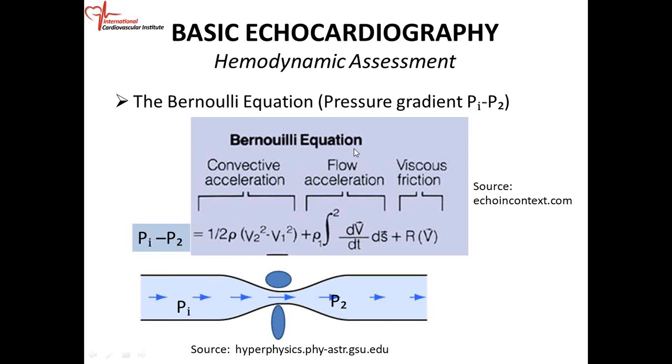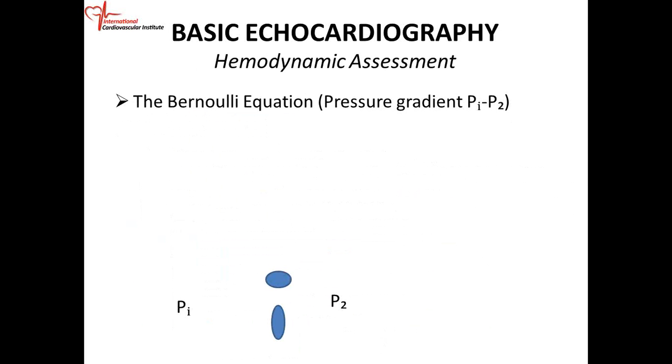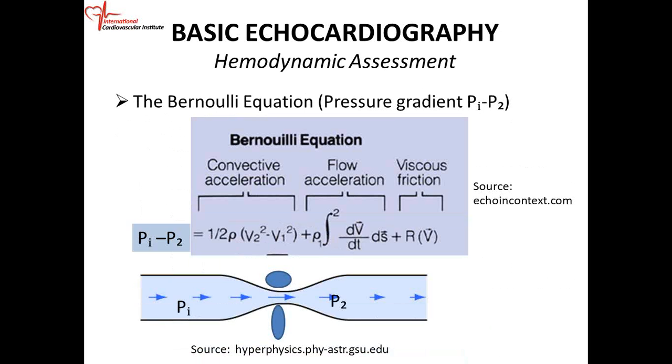So the Bernoulli equation states that the gradient, right? If you have a flow in this direction, the gradient is the pressure difference between point 1 and point 2, okay? Again, the pressure at point 1 is going to be greater than the pressure at point 2.